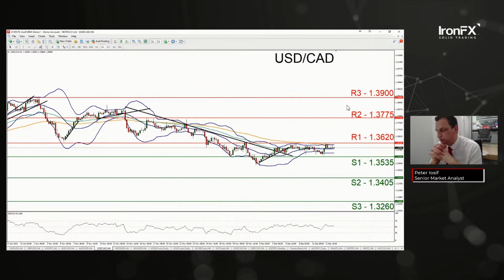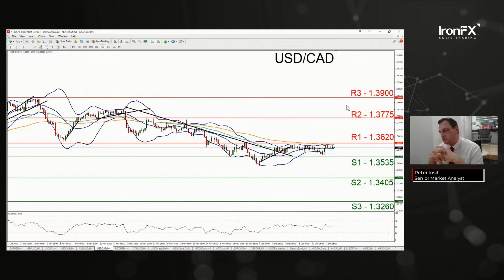So for the time being, we tend to maintain as a base scenario the continuance of USD CAD sideways motion between the R1 1.3620 and the S1 1.3535. The big question mark is what direction the pair will take after or during the Fed's interest rate decision.